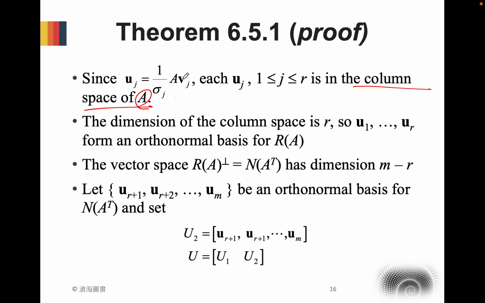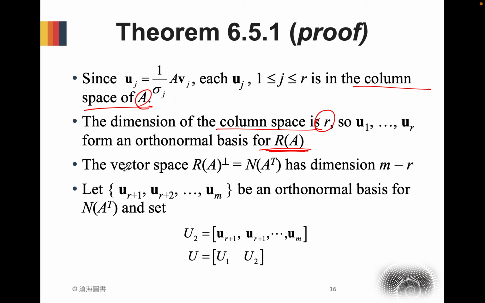Because AVJ is equal to sigma J Uj, so Uj should be in the column space of A. And the dimension of the column space is R, because the rank of the matrix A is R. So U1, U2 to UR form an orthonormal basis for the range of A, right?